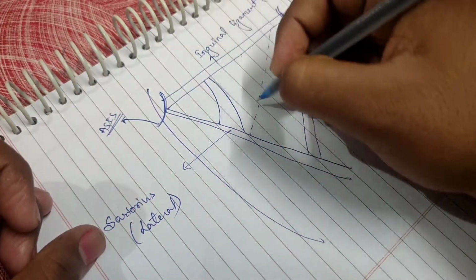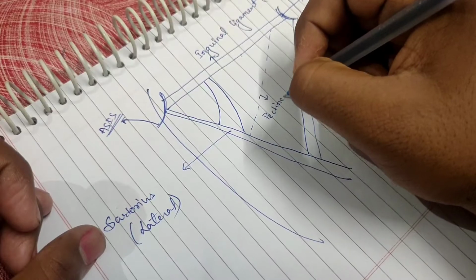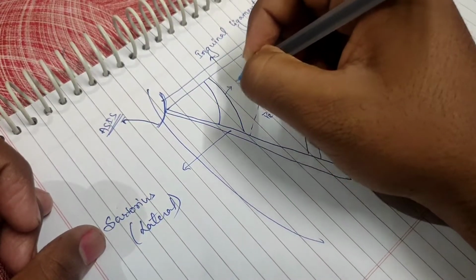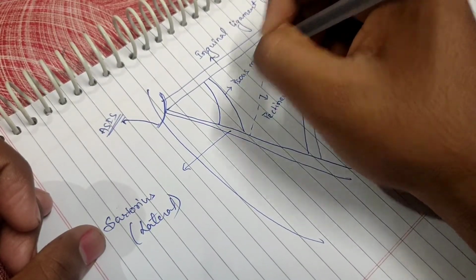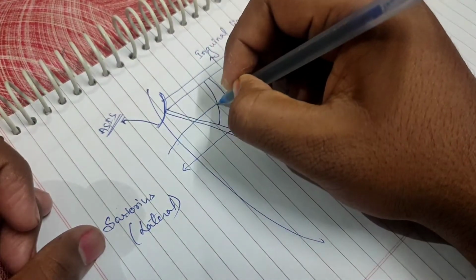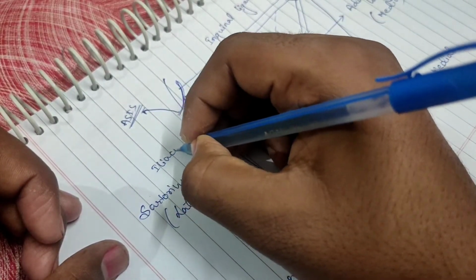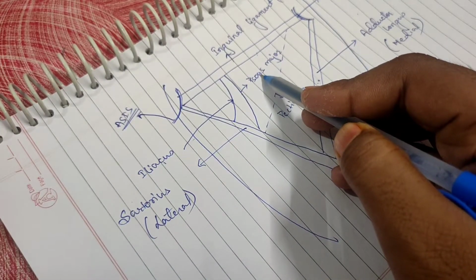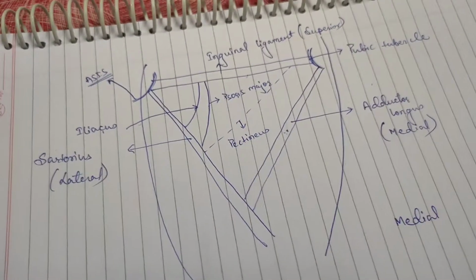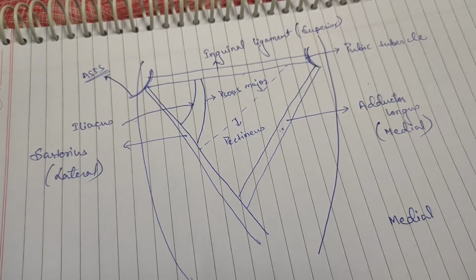So this one is pectineus. This one is your psoas major, and this one is your iliacus muscle. Iliacus muscle and psoas major muscle together are known as the iliopsoas muscle. So this is basically the diagram representation of the femoral triangle.